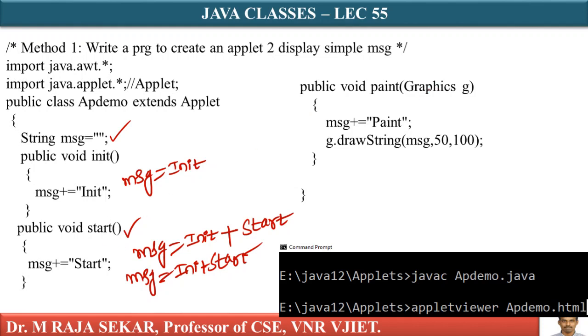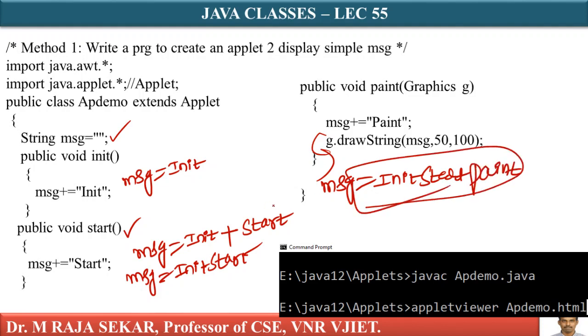Now, which one am I calling? After the start method it will go to paint. Here what happens? msg equal to msg plus paint. In msg I have init start, to which I am appending paint. Now in msg I have init start paint. What am I doing? g.drawString at the position, it is just like graph paper in this window.